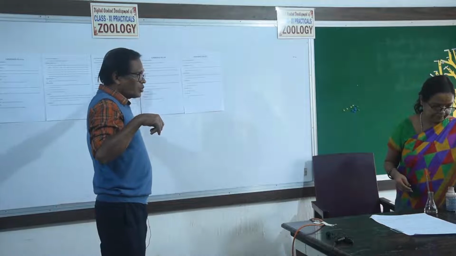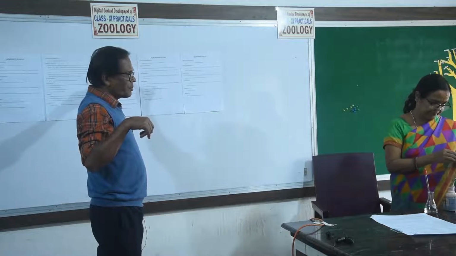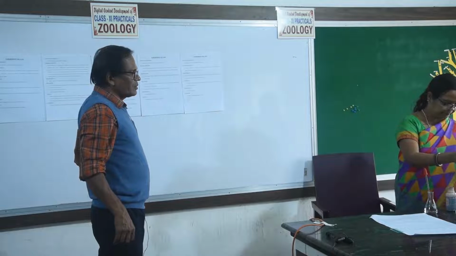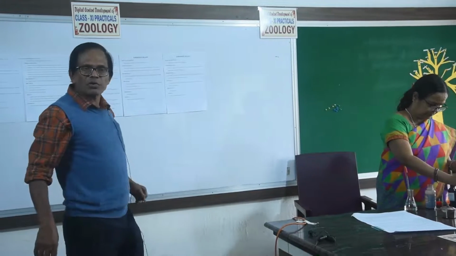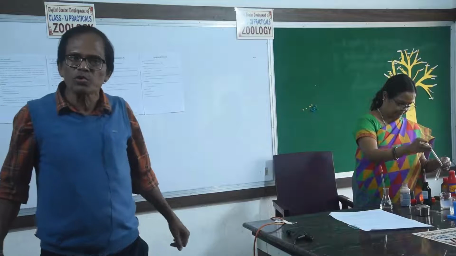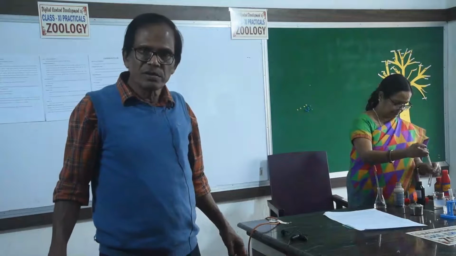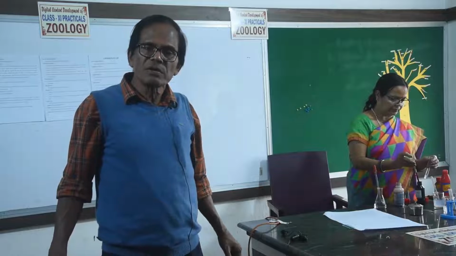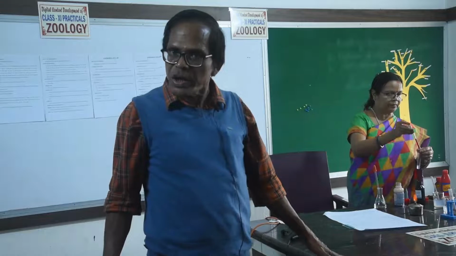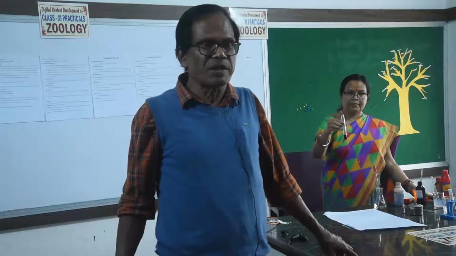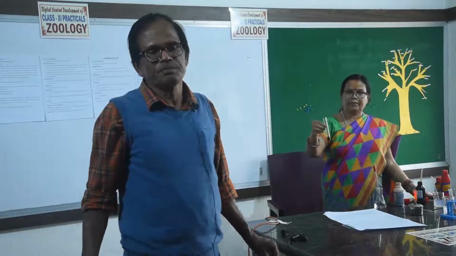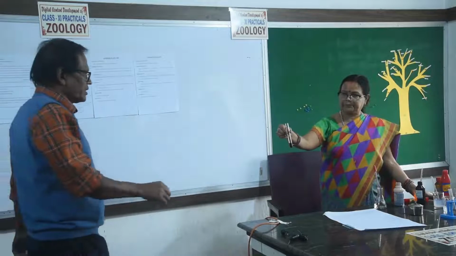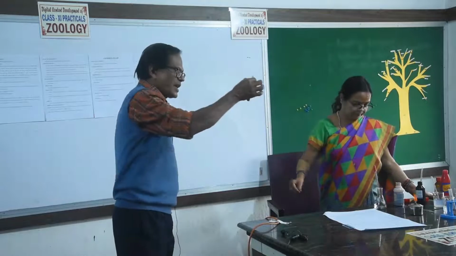Starch. Go through the starch confirmation test. For starch confirmation, we have to go through two tests in succession. The first test, the Molisch test, we confirm the presence of a carbohydrate, and the next test is the iodine test. This will confirm the presence of starch. First the Molisch test.